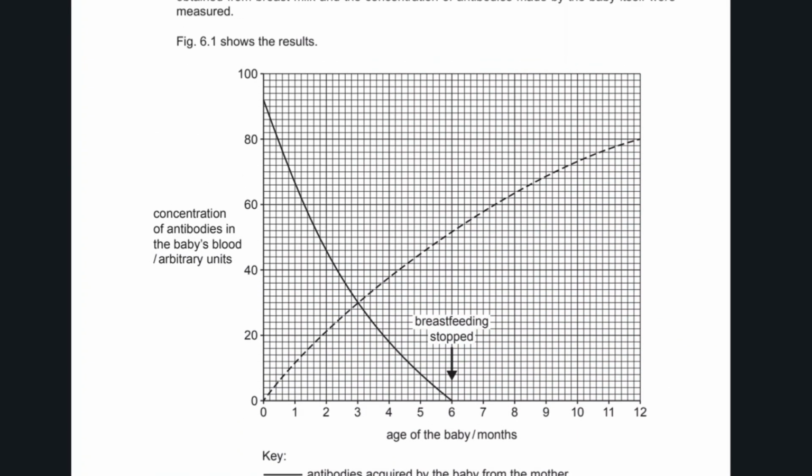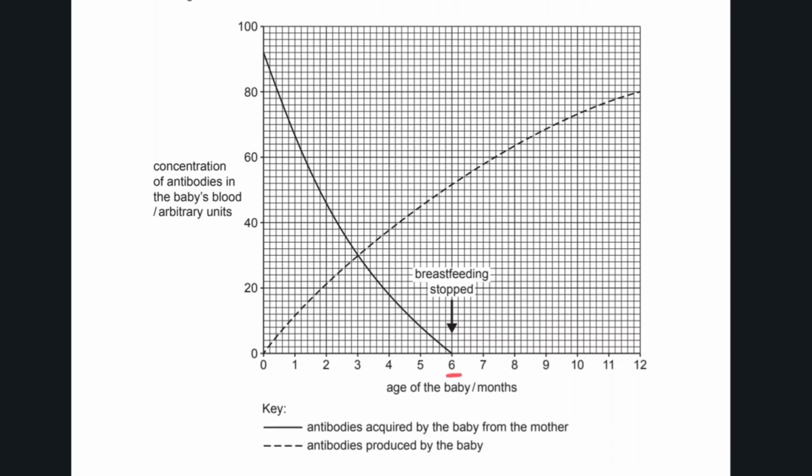So here they have shown a graph in which the concentration of antibodies in the baby's blood is decreasing, and then up to 6 months they stop the breastfeeding. The antibodies acquired by the baby from mother are shown with the straight line, and the dotted line presents the antibodies produced by the baby.